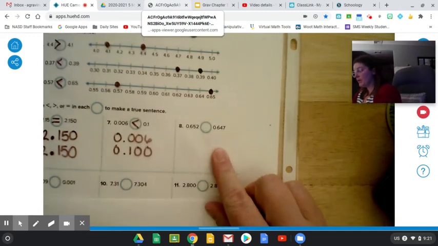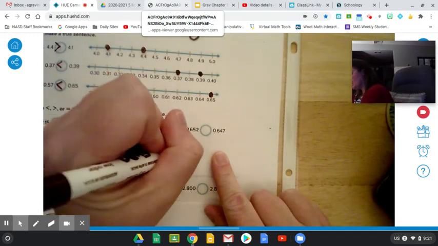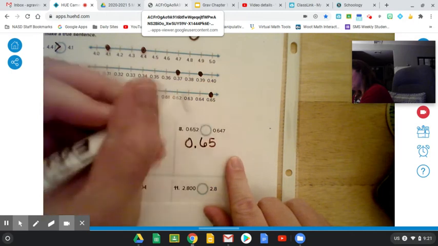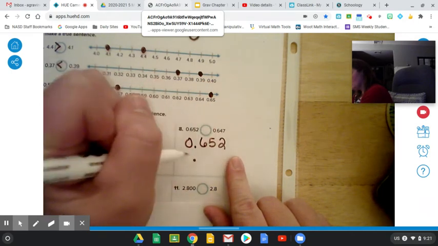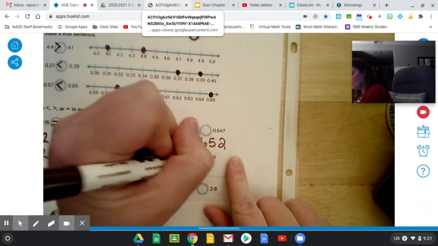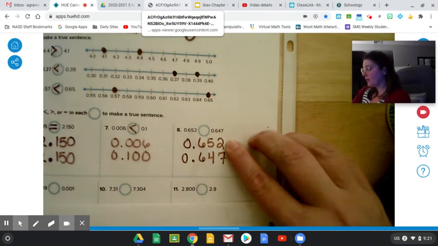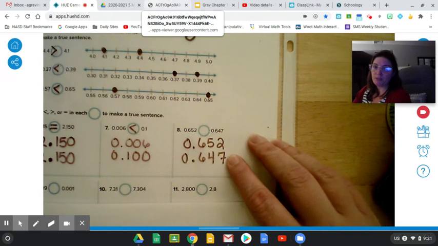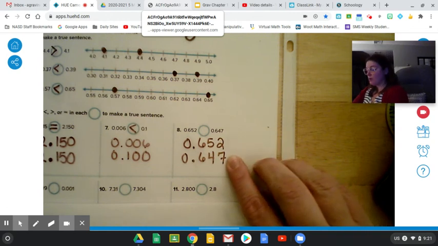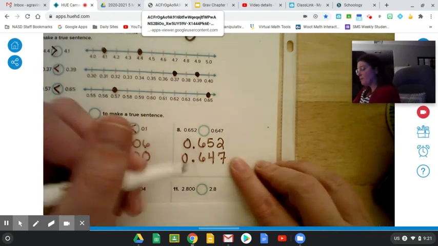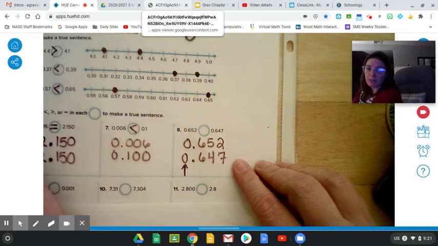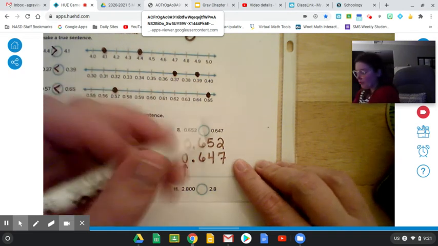All right, number 8. I'm going to stack my decimal points. And what I find is that these actually are both in the thousandths place. So I don't have to annex a 0, but I do need to compare. My ones place is the same, so that's not helpful.